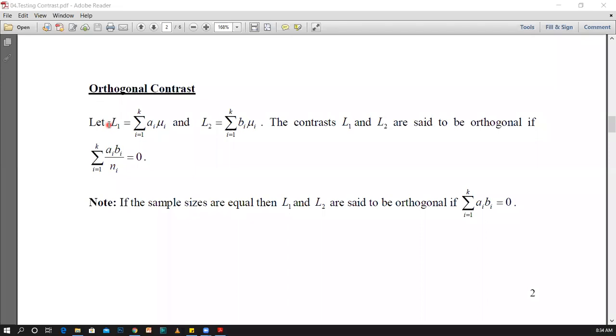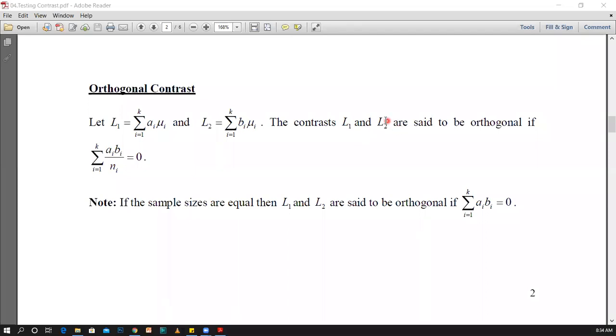Think about it: if L1 is defined as the summation of ai times mu i, where i goes from 1 to k, and L2 is another contrast, the summation of bi times mu i, where i goes from 1 to k, then L1 and L2 are two contrasts.